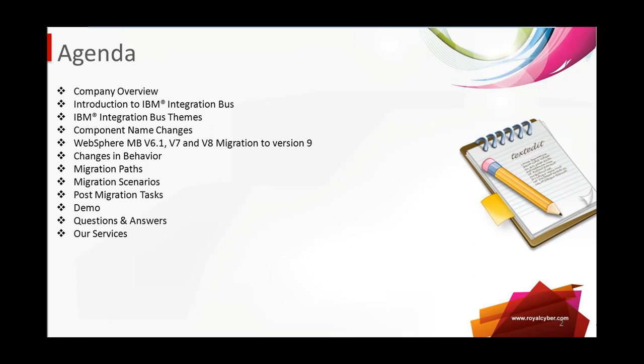Then we have a demo of our parallel migration, where we will show you a sample message flow from the earlier version of the broker, and then show you the parallel migration in IIB 9. After that we have a question and answer round where you can ask your questions and queries. We will be happy to resolve and answer all your queries.